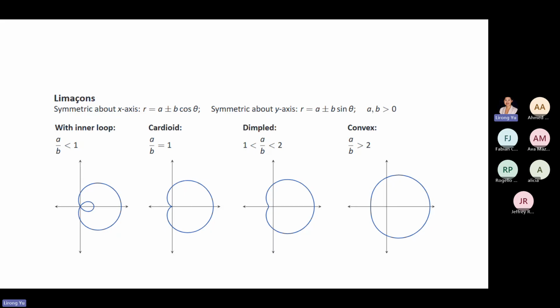And the last example is when A is way bigger than B. We're saying A is bigger than twice B. You pretty much see the majority of it is a circle around the origin, because the circle centered at the origin has a bigger impact. So compare: r equal to A is a circle. r equal to B times cosine theta is a circle, but it's to the side.